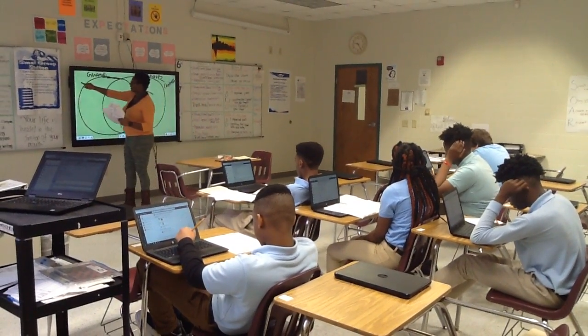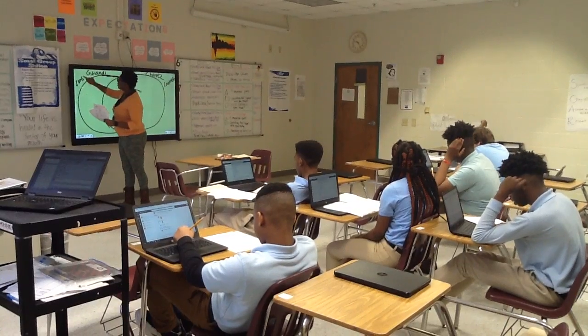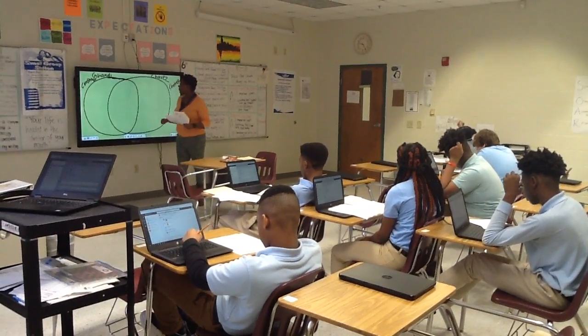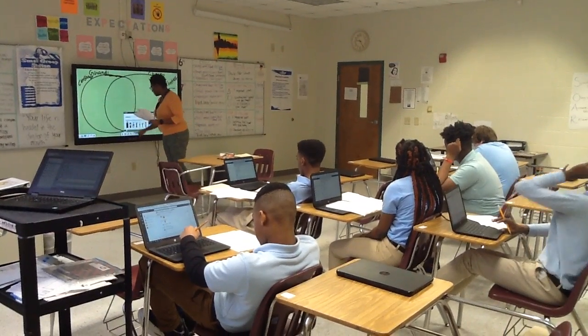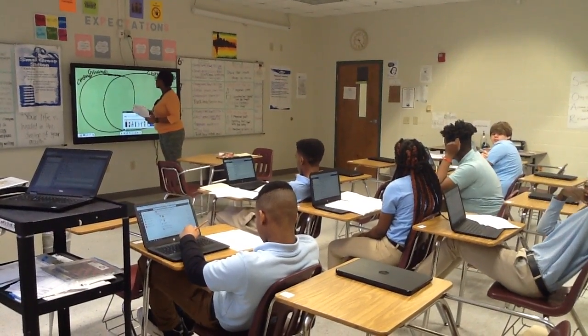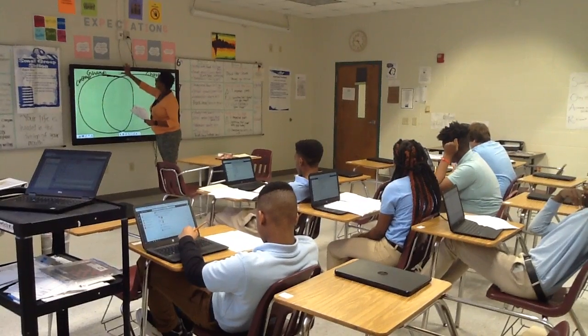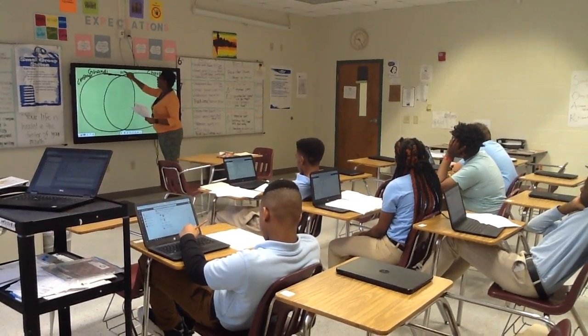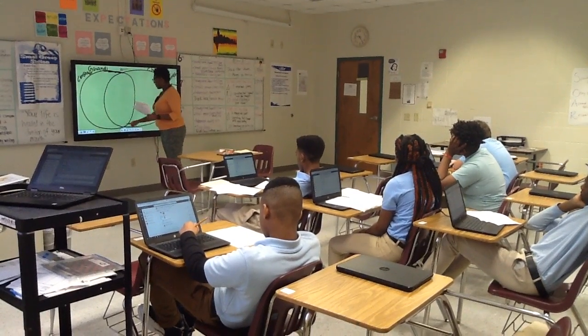Contrast. Very good, Destiny. So if we're contrasting on the outside, what are we doing on the inside? Compare. Good. I'm going to put both at the top. Put comparing at the top.